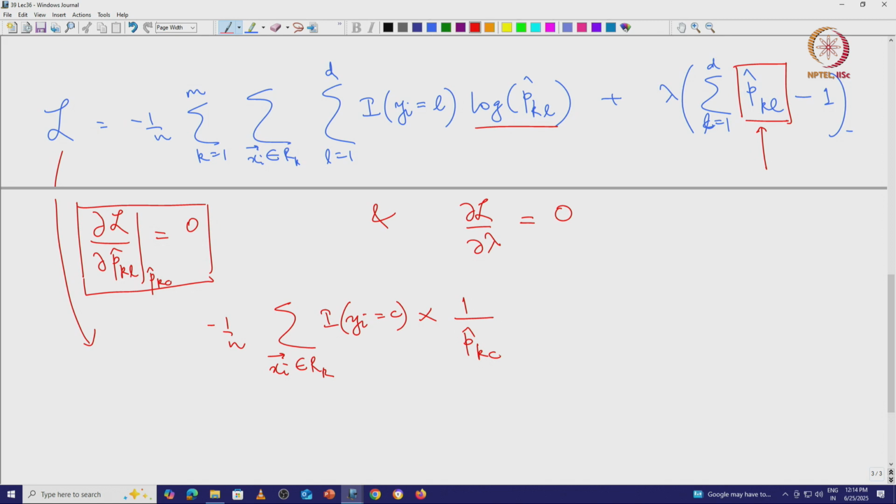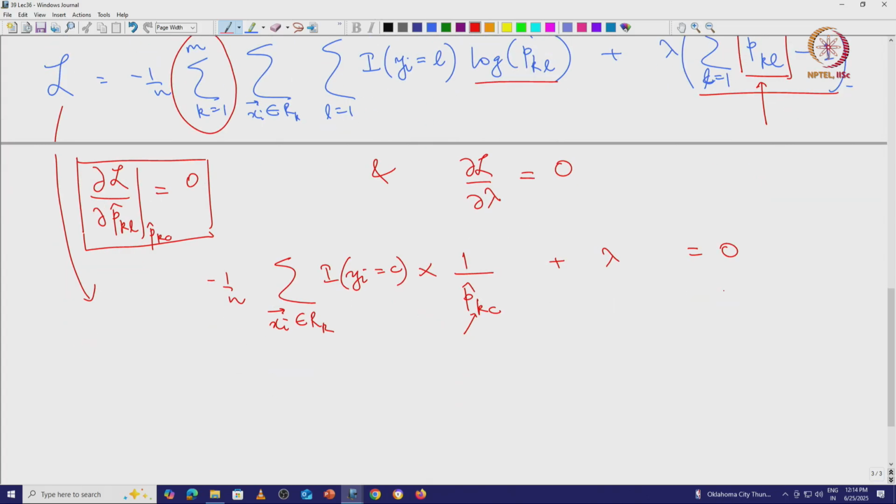The summation over all the regions will disappear, because we are differentiating with respect to the probabilities of one particular region, and the second term will simply give lambda. Here again only one term survives because only one term corresponds to p hat k c and the others go to 0. So, this becomes a simple equation, and if you rearrange this, you get lambda equals 1 over n, sum over x i belongs to R k, the indicator function of y i belonging to c, divided by p hat k c.